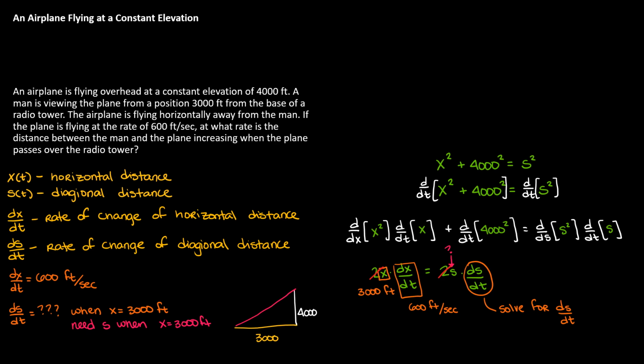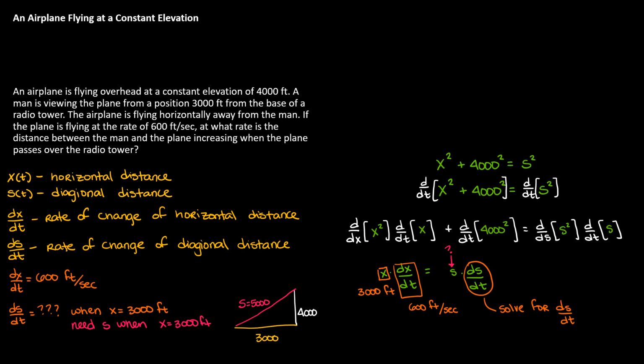And if you're not familiar with that, it's a special triangle that can scale up or scale down. So the ratio of 3, 4, 5 is what we're looking at, and we've just scaled it up by a multiple of 1,000. So we have a 3,000, 4,000, 5,000 triangle instead of a 3, 4, 5. Great, we have s now.